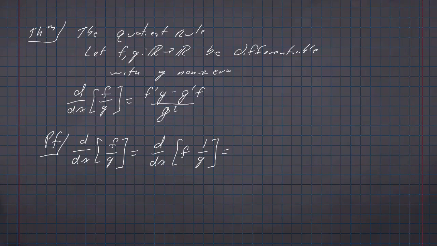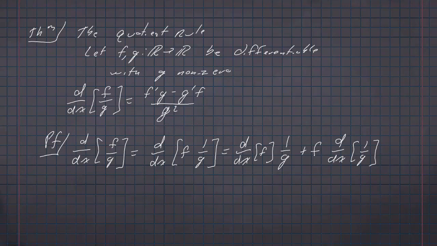And by the product rule, that's going to be the derivative of f times 1 over g plus f times the derivative of 1 over g. Right? The derivative of f is just f prime. And by our lemma, the derivative of 1 over g is the negative of g prime over g squared.